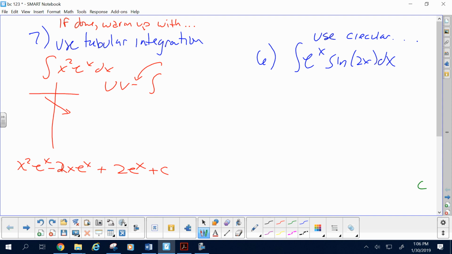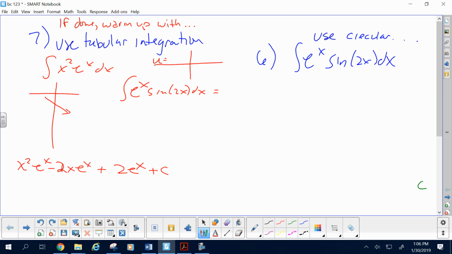If you do not agree or did not get that or you don't understand yesterday's, let me know. But I don't want to waste time if it's going well. This one is a little rougher, and pretty lengthy. If we use ultraviolet voodoo twice, then what did you let u equal?